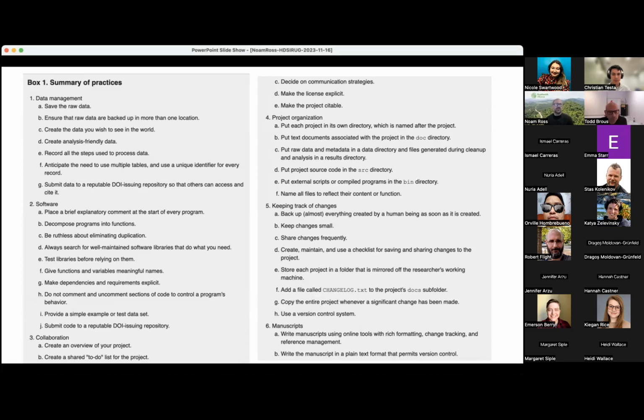And together, this has formed something of a common practice that between the Carpentries and lots of other data science and reproducible research training programs talk about how one should manage one's own research when one is doing work that has a computational component.